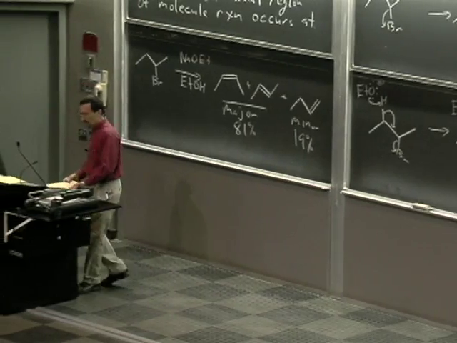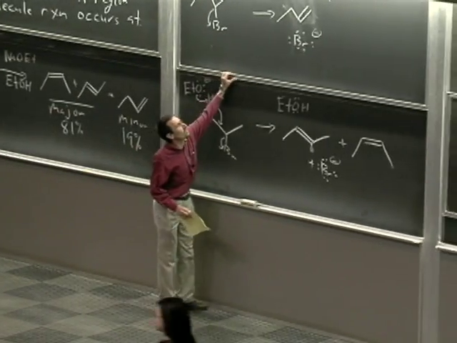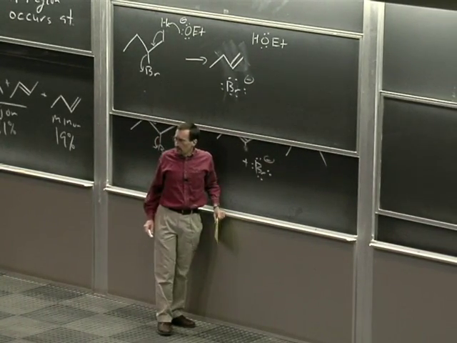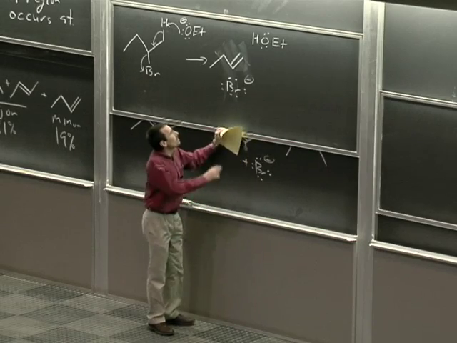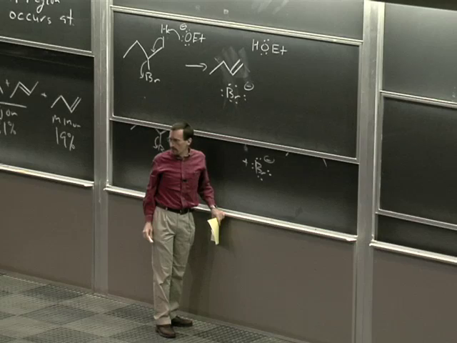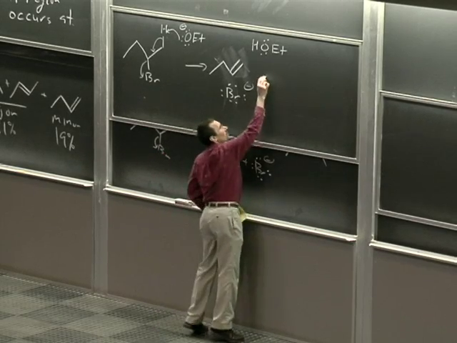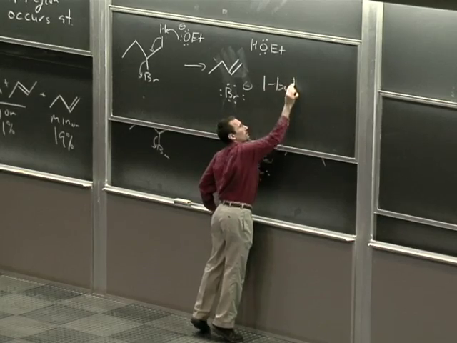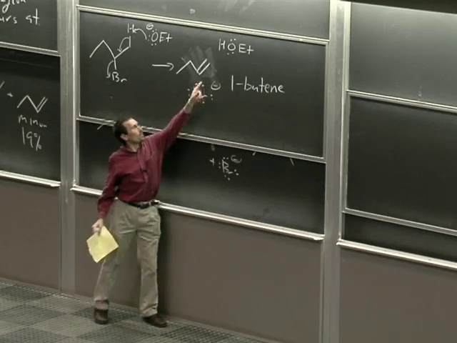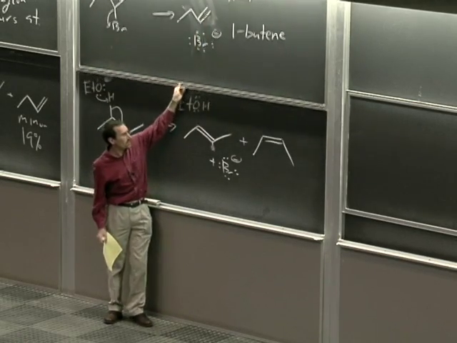Just to give us a little feeling for naming compounds, you're going to learn more about alkenes and their nomenclature in Chapter 10, but this is an alkene. It's an unsaturated hydrocarbon, unsaturated meaning it has a double bond. We call it 1-butene because the double bond is connected to the carbon at the 1 position of the chain.